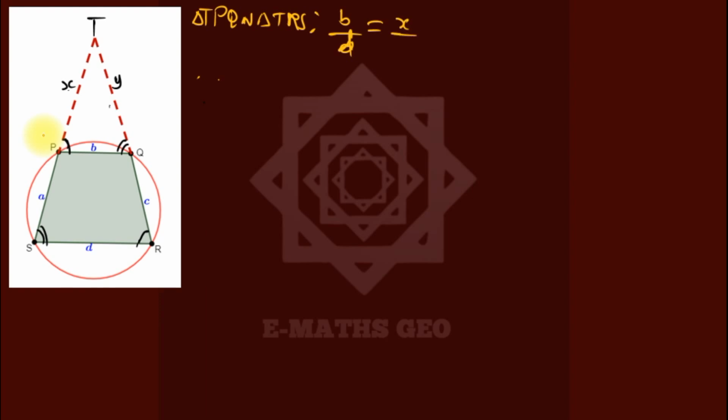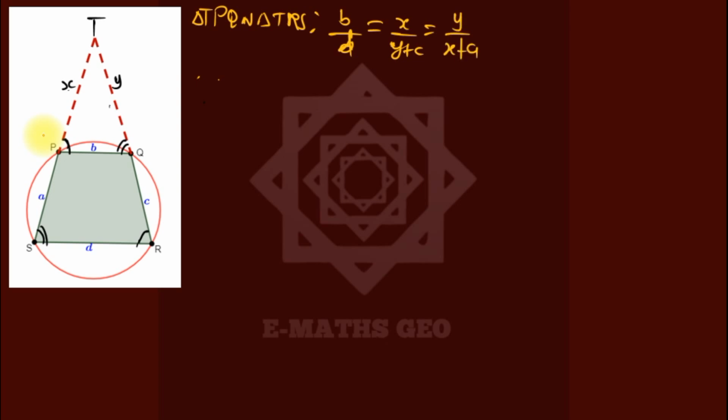So we see that x corresponds to y plus c. As you can see, x is opposite double hashes y plus c, and y is opposite x plus a.